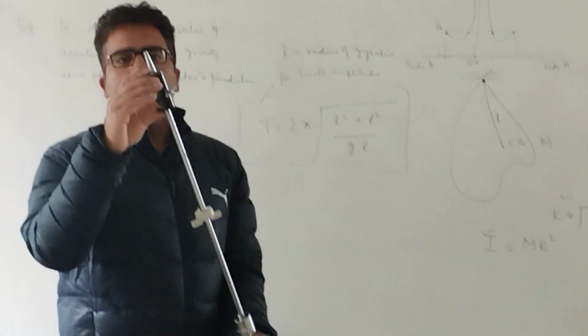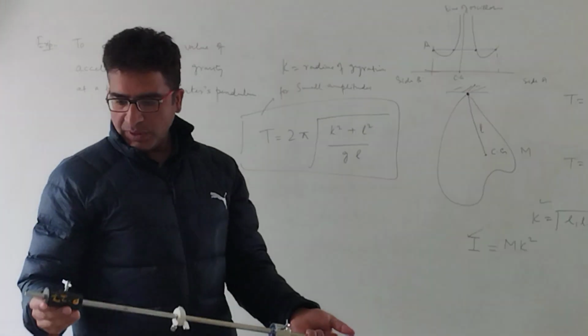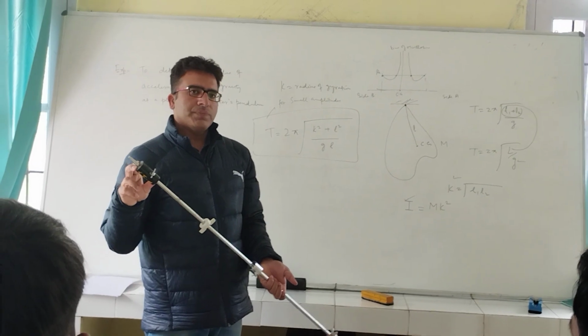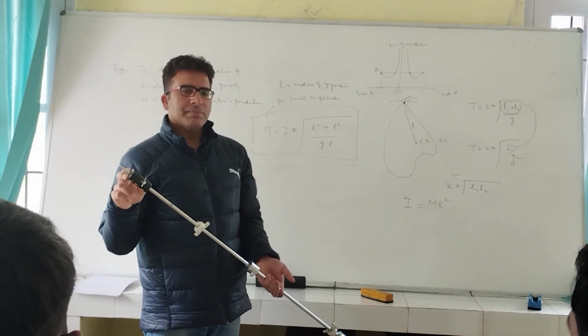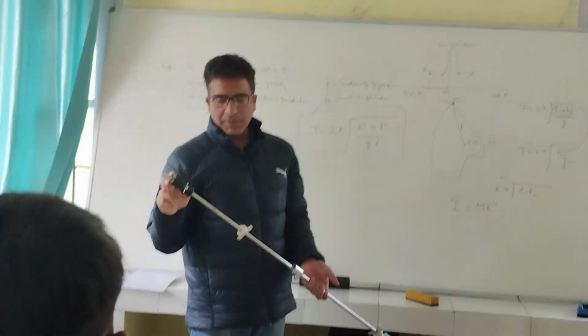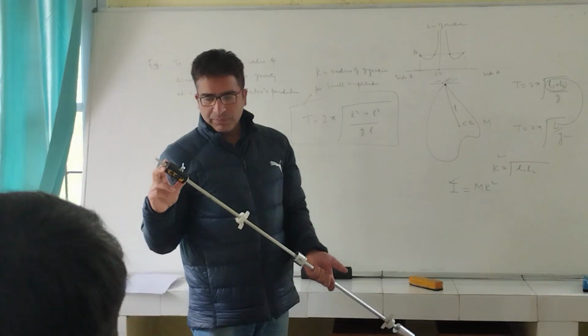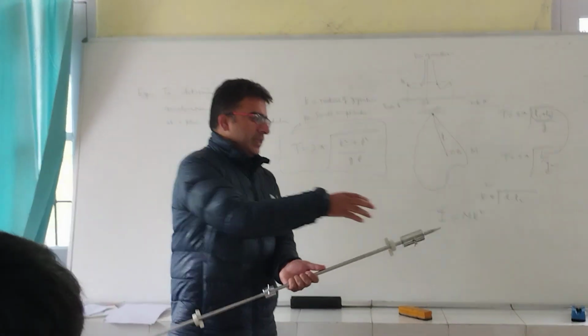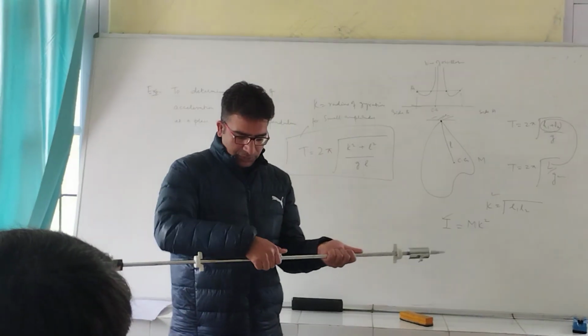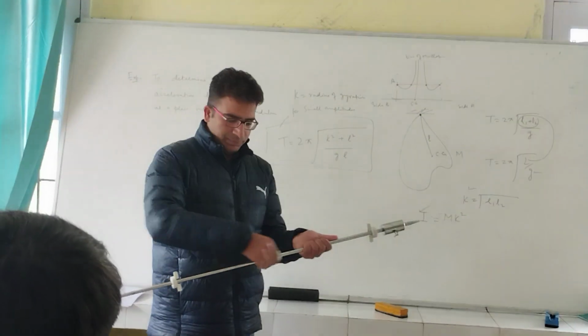Then what is the difference? The difference is this weight is wooden, so it's light. I will explain why so. This is heavy, right? And there is another weight at the center, which is also movable. This one.